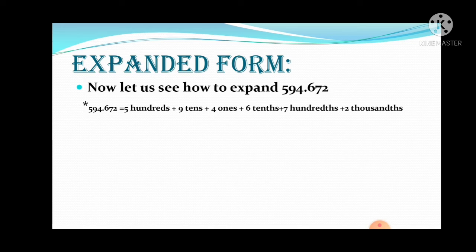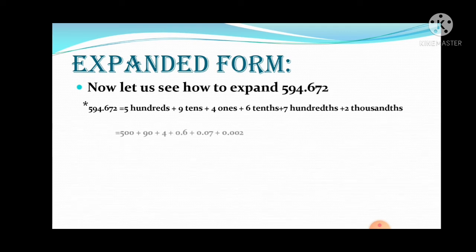We saw the place value table, right? After the point, those numbers are the decimal part, which starts from the tenths place, then hundredths and thousandths. 6 is in the tenths place, 7 is in the hundredths place, and 2 is in the thousandths place.